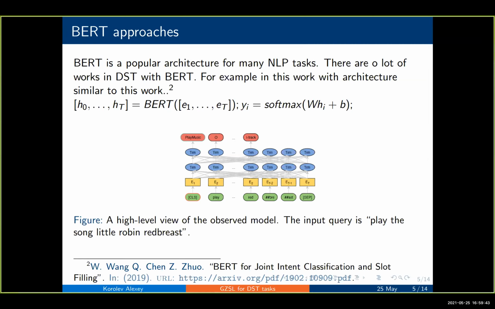So why is it bad? Because, as we know, BERT has square complexity. So if we have a big input vector, it takes a lot of time to train this model and to infer from this model. That's why we use other methods.